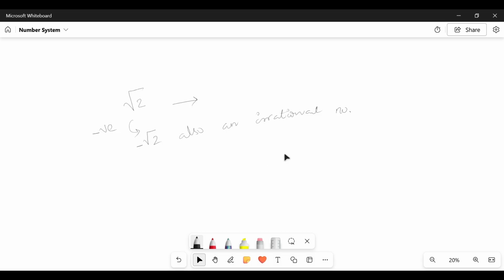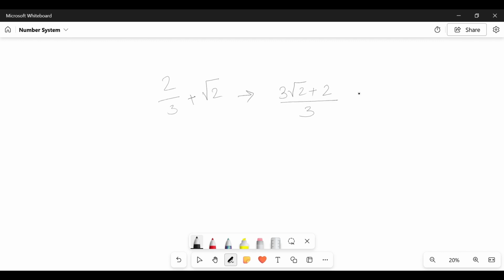Similarly, the sum of a rational number and an irrational number would also end up being irrational. So consider a scenario where we have a rational number like 2 by 3 and an irrational number like square root of 2. This again would be an irrational number. To simplify it further, it would be 3 root 2 plus 2 divided by 3, which is irrational.